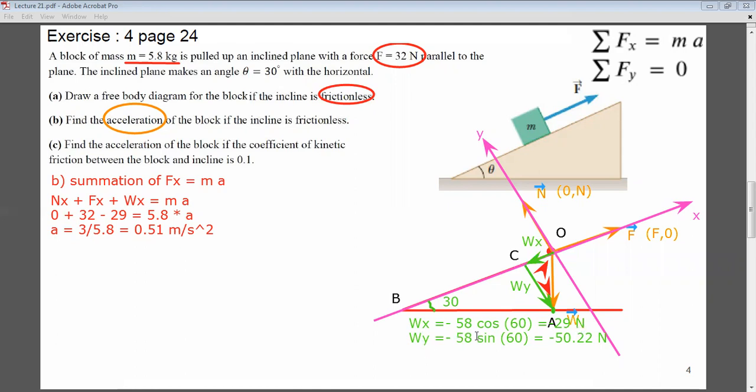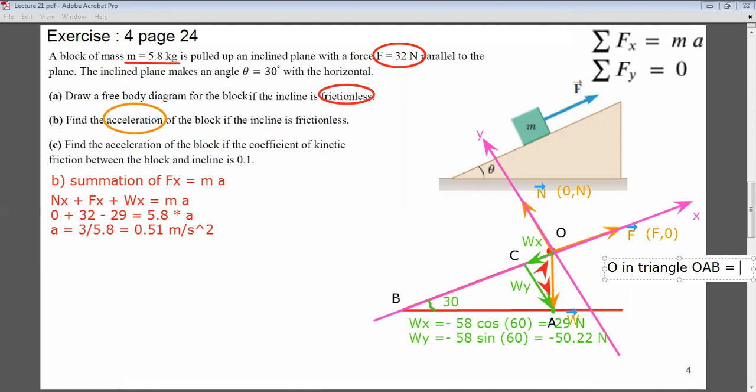And Wy will be minus 58 cosine angle 30, and it will give you the same answer, okay? So I solved it that way because I know, just to show you that I can either take angle O here from triangle OAB.